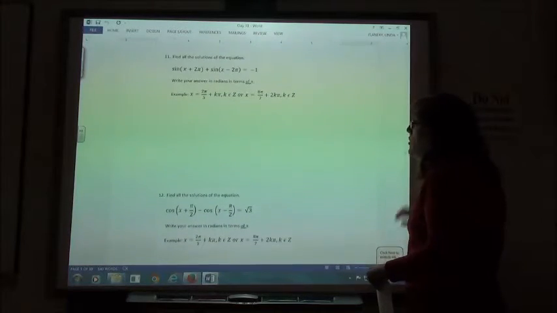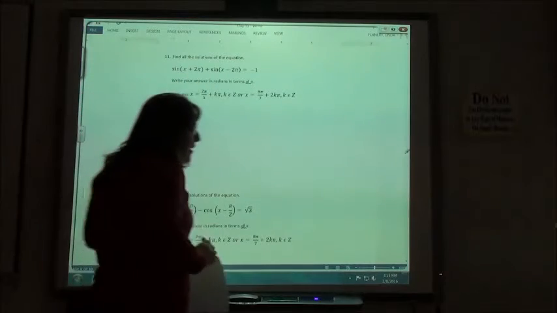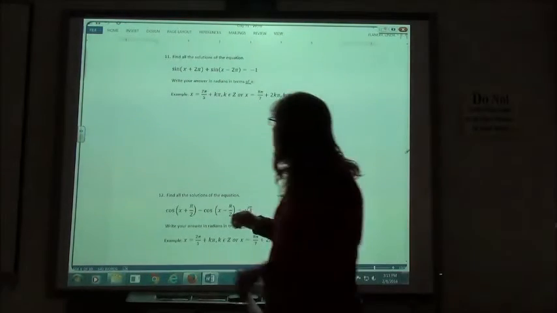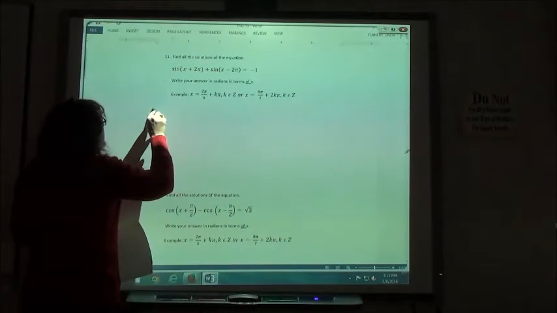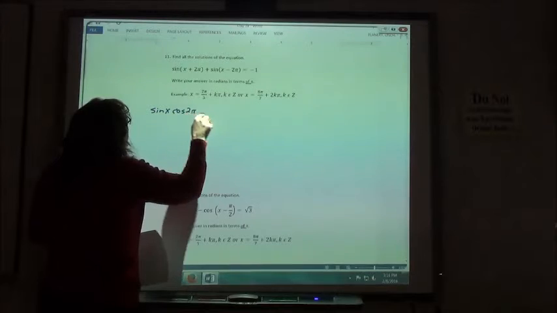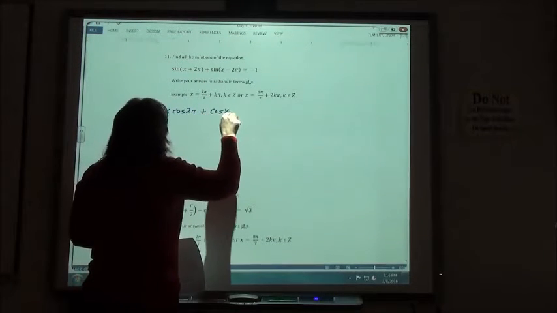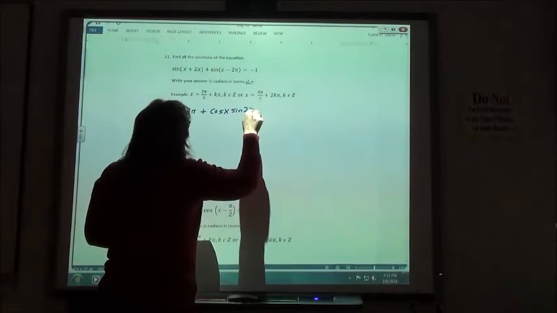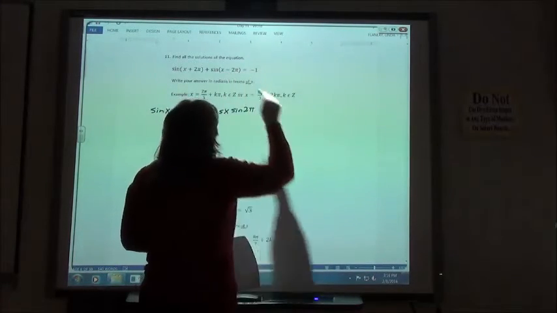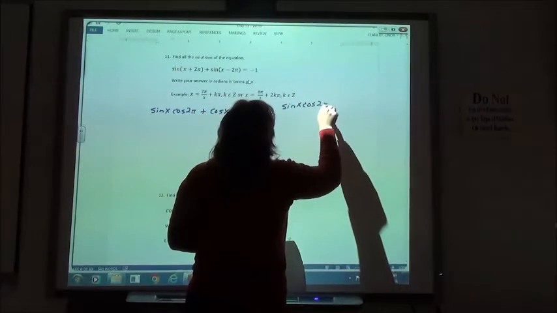So number 11 is going to be the same kind of thing. This time we're using the sine ones. So on your sine ones, you have sine, cosine, cosine, sine. So sine of x cosine of 2 pi. This is plus, so plus cosine of x sine of 2 pi, plus, this is going to be sine of x cosine of 2 pi.